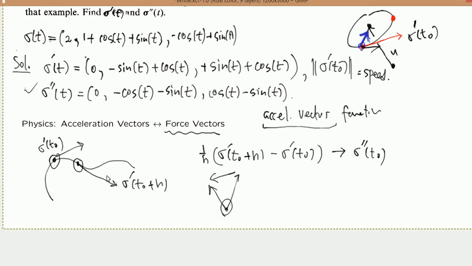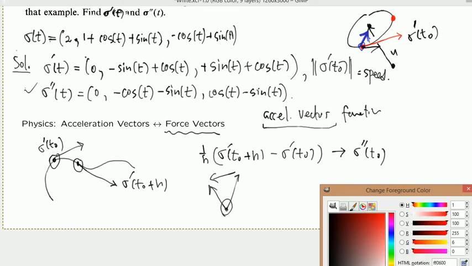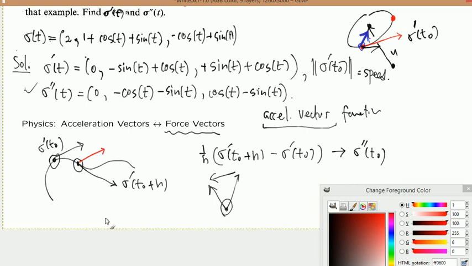But subtracting this vector from that vector, strange, don't you think? And there comes this idea of parallel transport. You parallel transport that vector and put it right there. That's our sigma prime t0, right? And then you subtract, and that vector right here is representing this one in here. And then you divide it by time h.